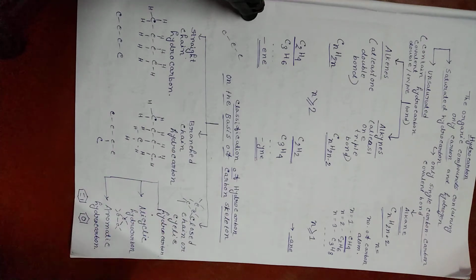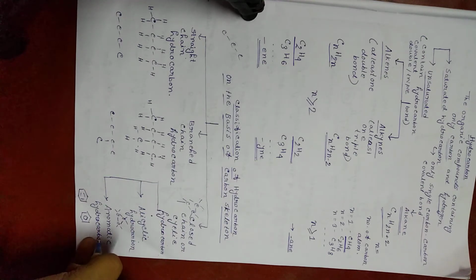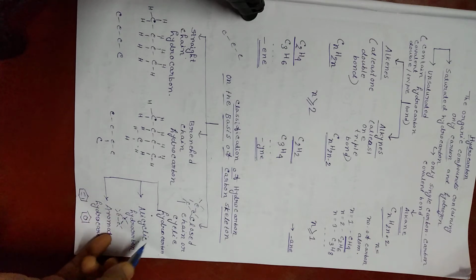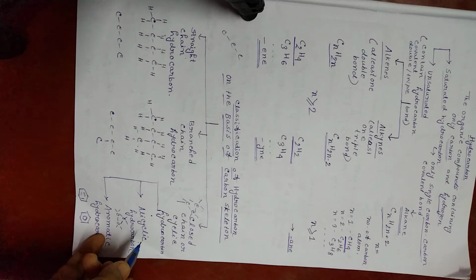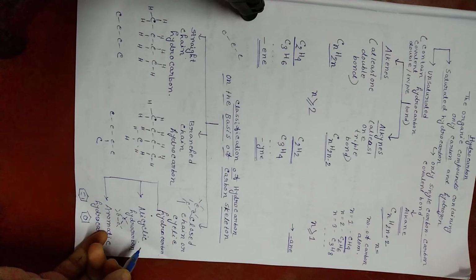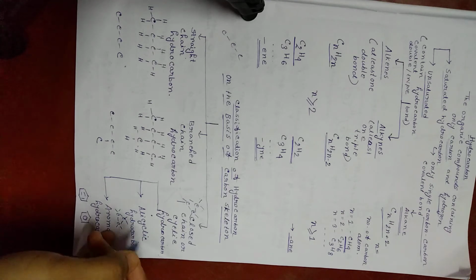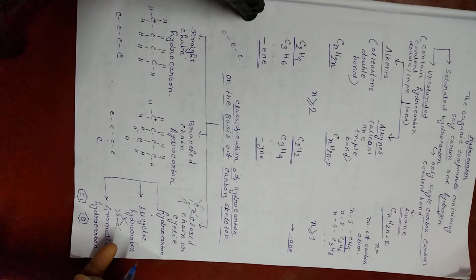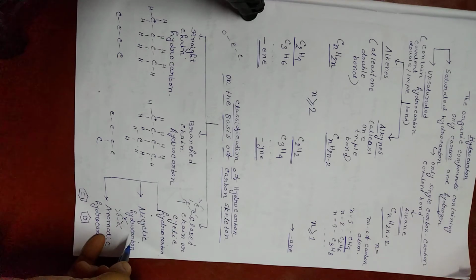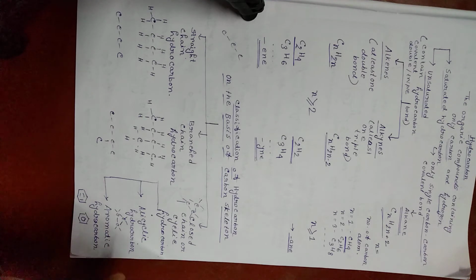These are also of two types: alicyclic hydrocarbons and aromatic hydrocarbons. Alicyclic hydrocarbons contain a minimum of 3 carbons and one ring. They are like aliphatic hydrocarbons, but they form a ring, and the minimum carbon number is 3.